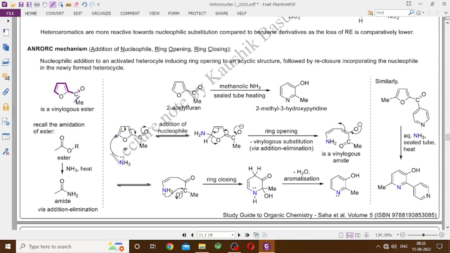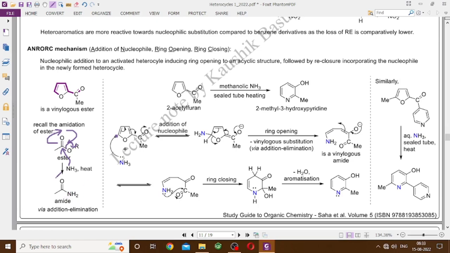If you look at the structure of 2-acetyl furan carefully, this is a vinylogous ester because this carbon has a carbon oxygen bond conjugated with this, and just like an ester undergoes amidation reaction when it is heated with ammonia via the addition elimination pathway, the nitrogen lone pair attacks here, the C double bond breaks, we get a tetrahedral intermediate with a negatively charged oxygen that eventually pushes back and this alkoxide leaves.